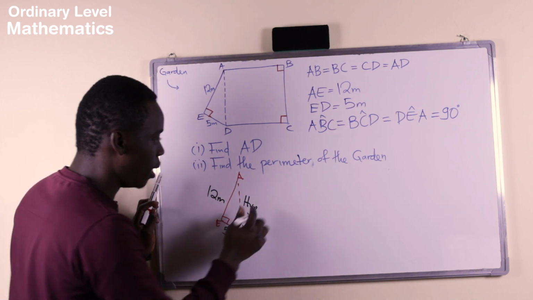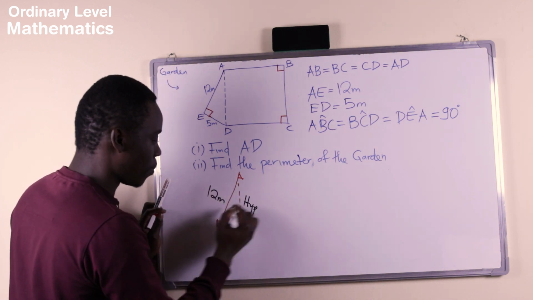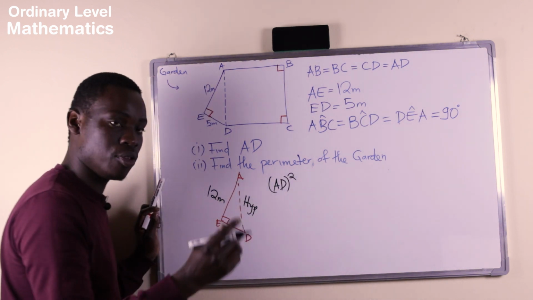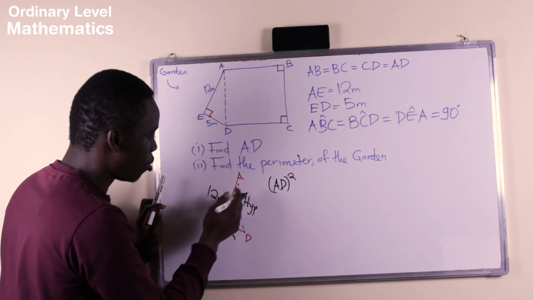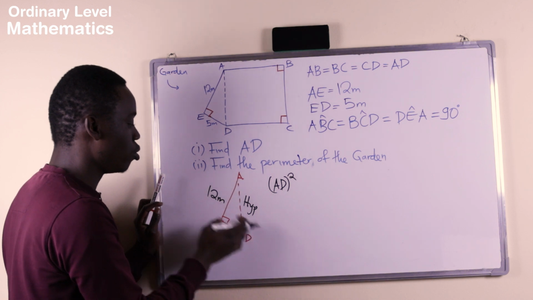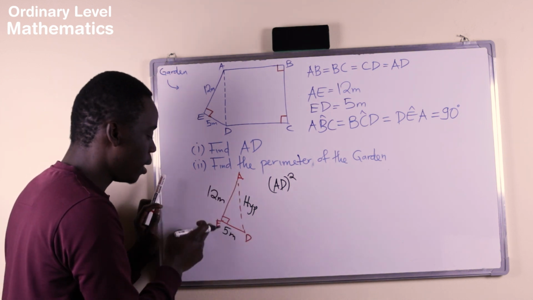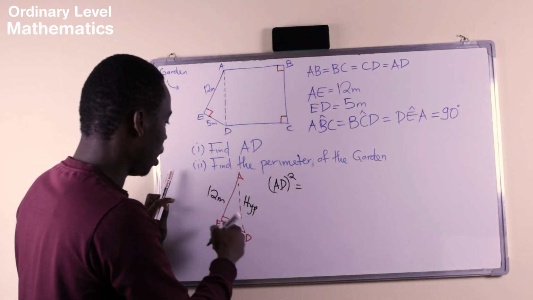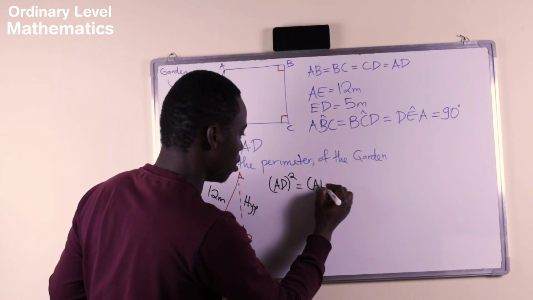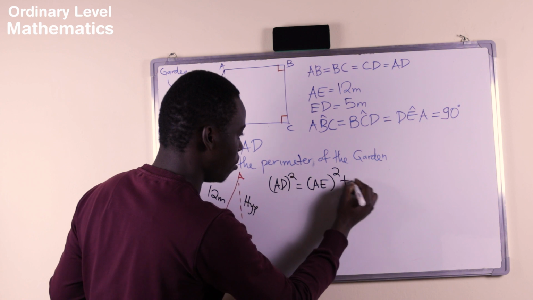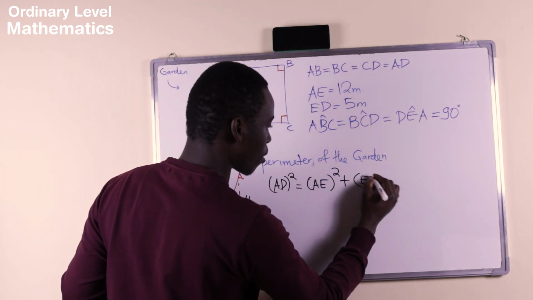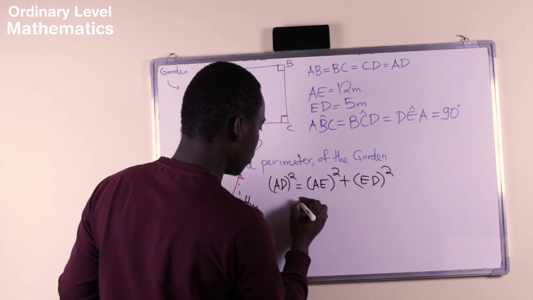Now, in our case here, we know that according to the Pythagoras theorem, AD, the square of the hypotenuse, is equal to the square of AE and ED added. So this is equal to AE squared plus ED squared.